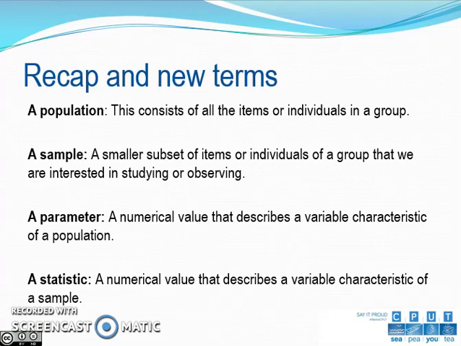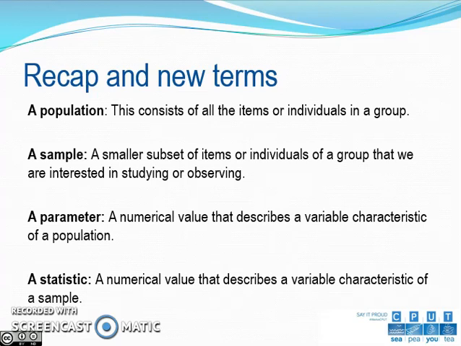And these next 2 words are very important, a parameter and a statistic. Now, a parameter is a numerical value which describes a variable characteristic of a population. That's very, very important because later when we do inferential statistics, we're going to have to distinguish between parameter and statistic.